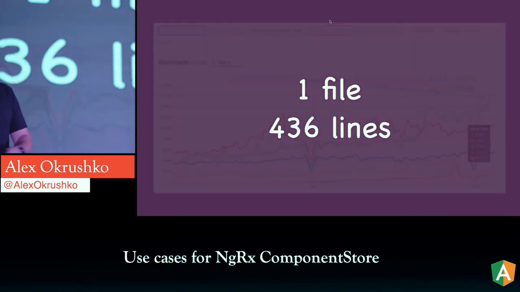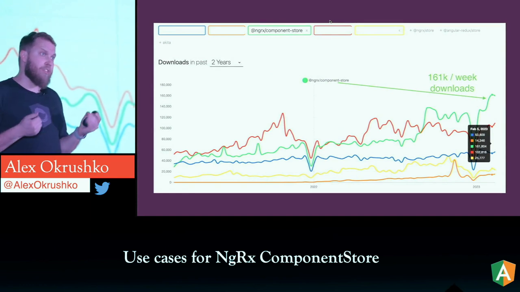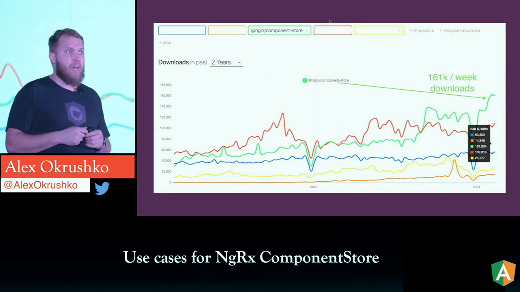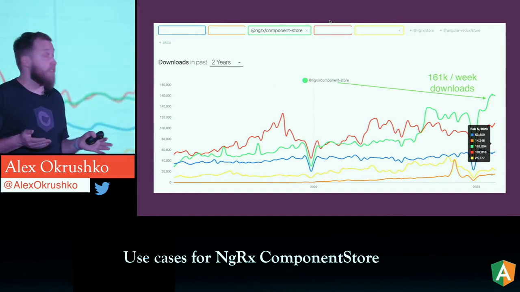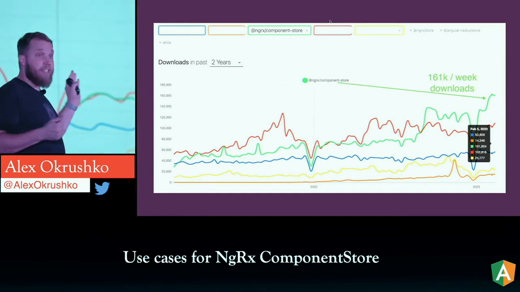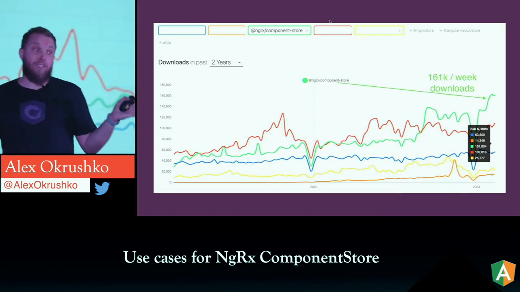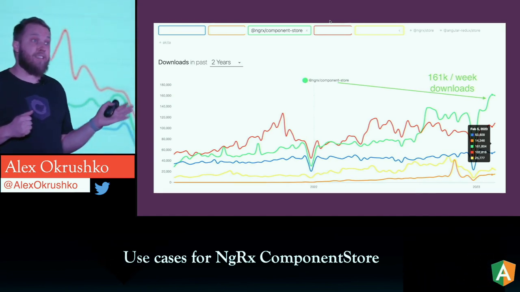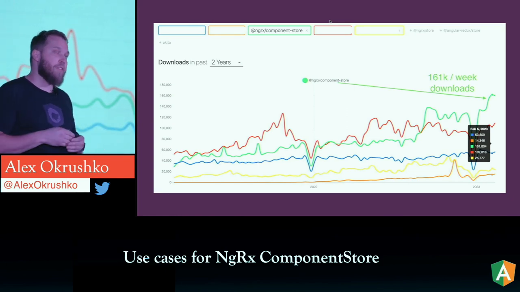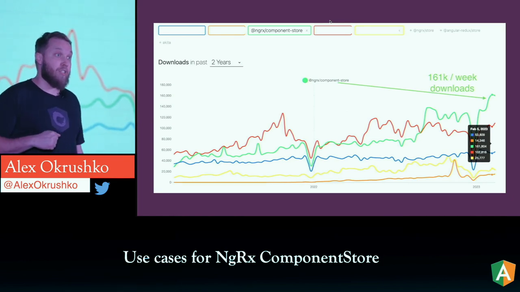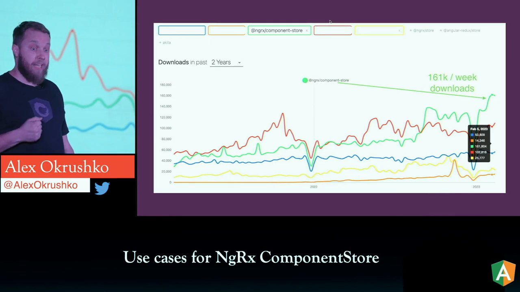It's been around for now 2.5 years, and it's been getting a lot of traction. You can see here the green line. As of this week, it gets 160,000 downloads a week. And it's one of the most popular solutions out there for state management in Angular.